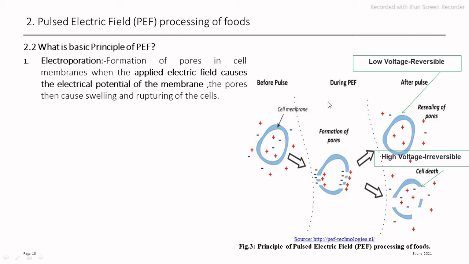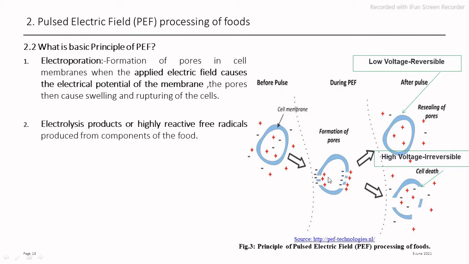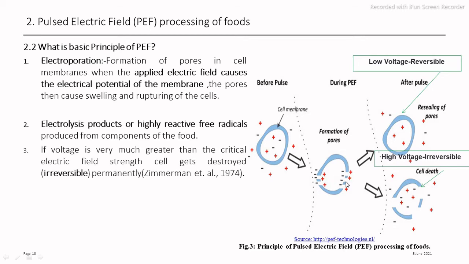Then when we apply the pulsed electrical field for microseconds to the cell membrane, pores form in these cells, and the intracellular substances are lost or drained from the cells, and the growth and reproduction of these microbial cells are stopped.